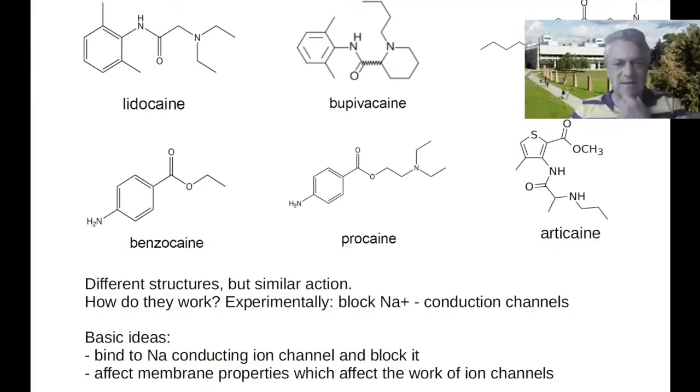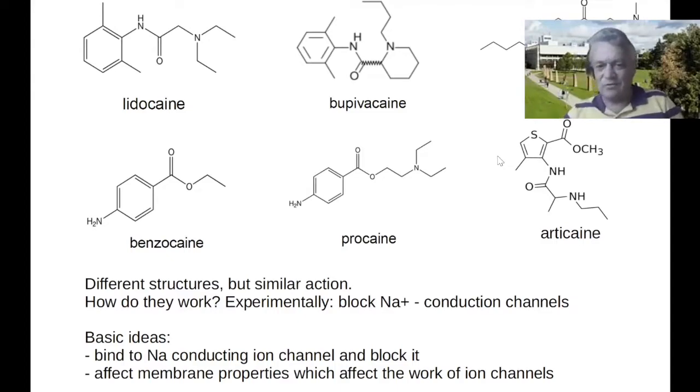But you see that the structures of such anesthetics are very different. And when you have a ligand binding to a protein, typically it's very specific binding, and often just a little change of molecular structure, like adding a methyl group, and you do not have binding. But here you see that the structures are different.